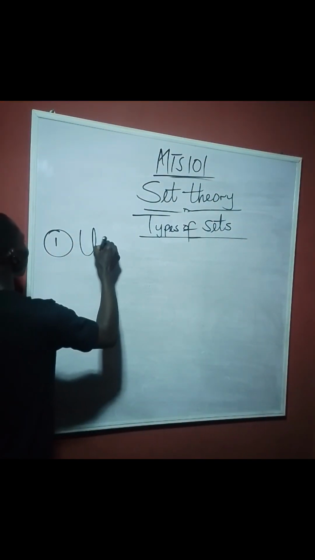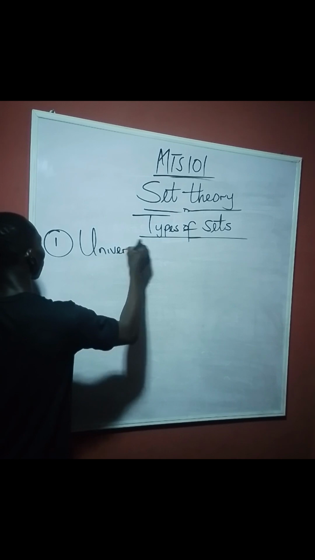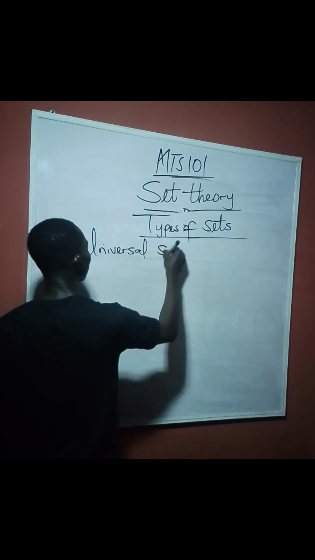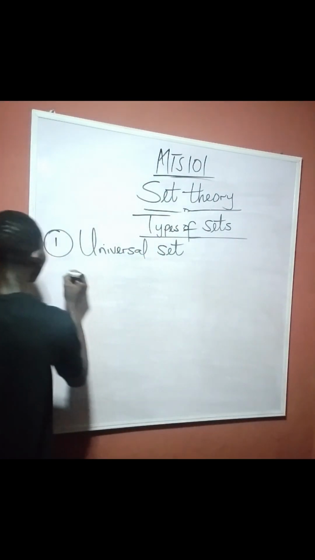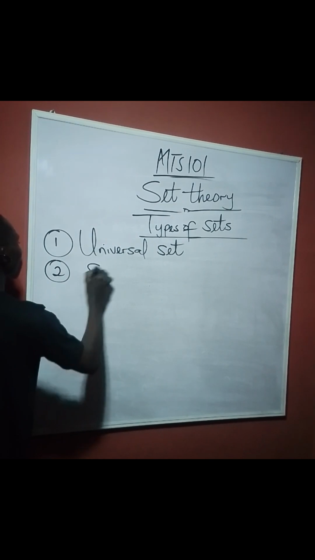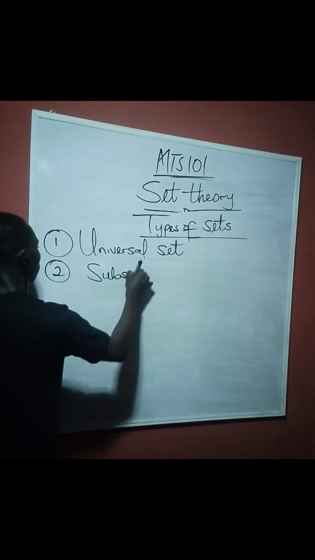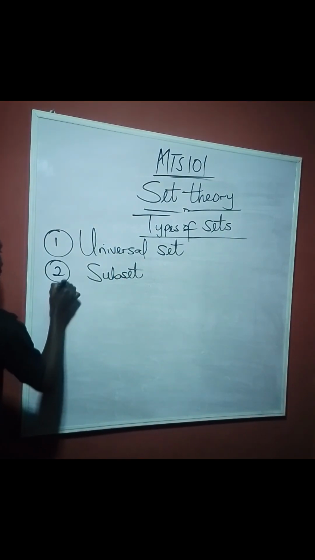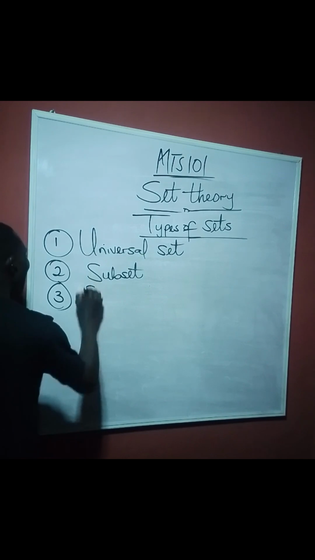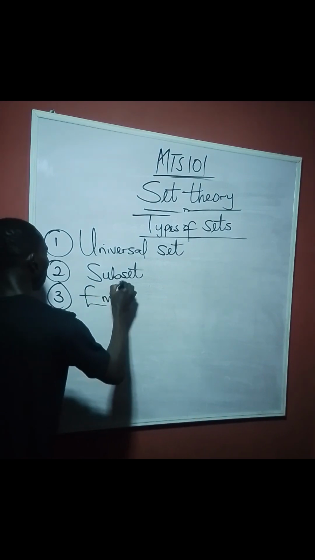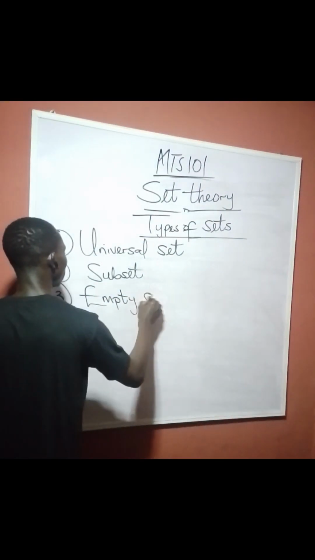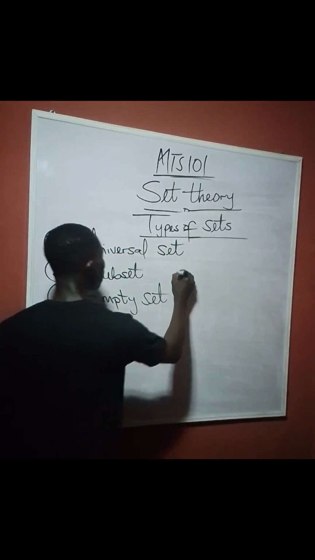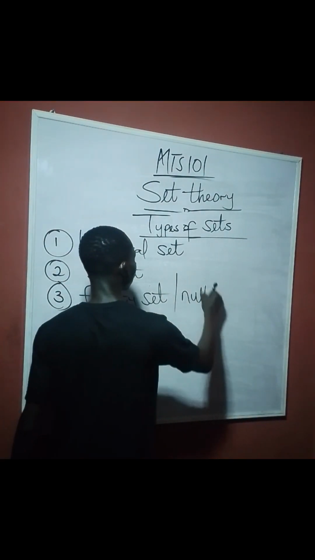The first one is a universal set. We have what we call a subset. We have what we call an empty set, or you call it a null set.